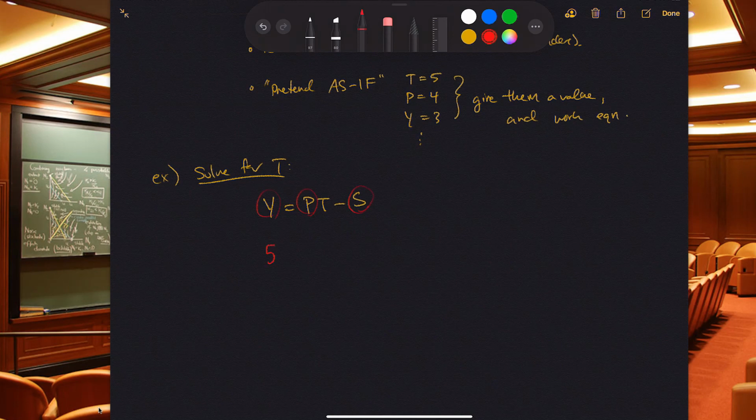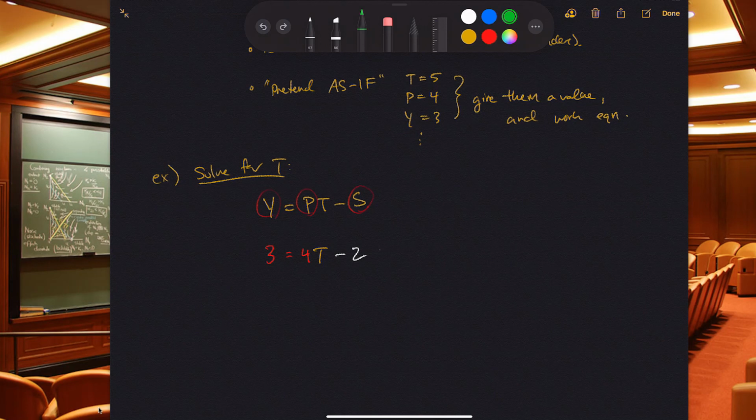So y is 3, p is 4, times t, and s we'll say is 2. Just make up some numbers and then solve it like you would a normal equation, right? This looks much less intimidating, but really it's the same.